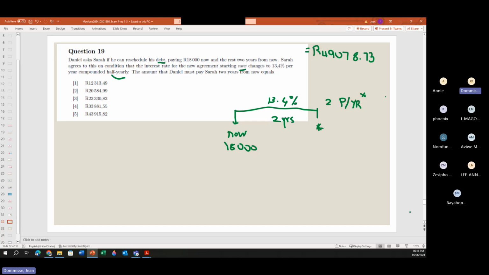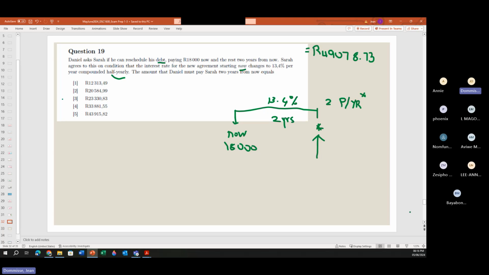So what is the amount that Daniel must pay Sarah 2 years from now? They basically want to find out what amount is paid 2 years from now.